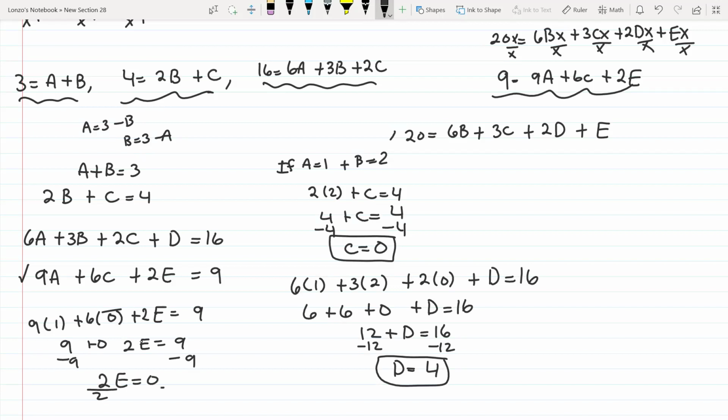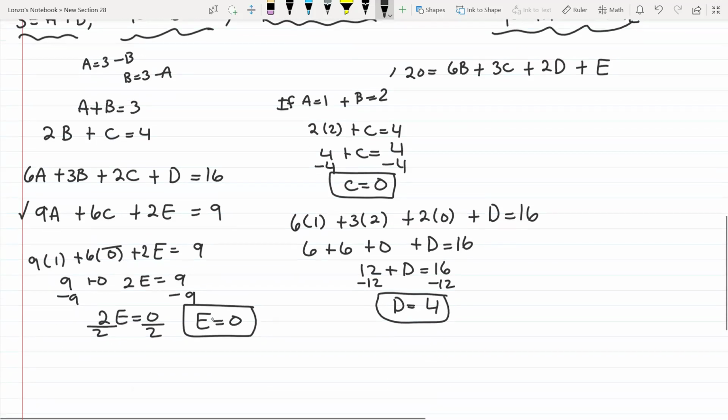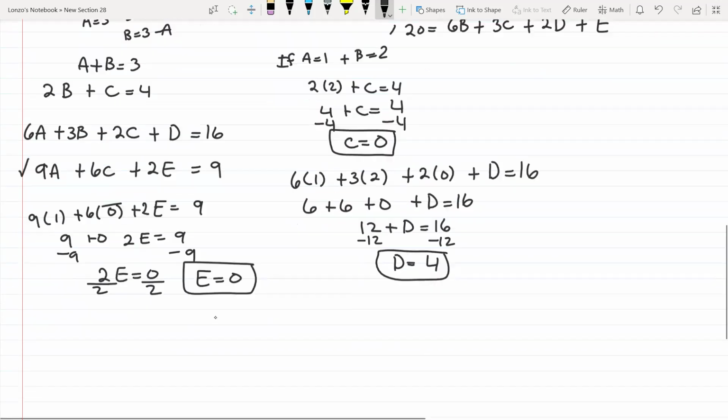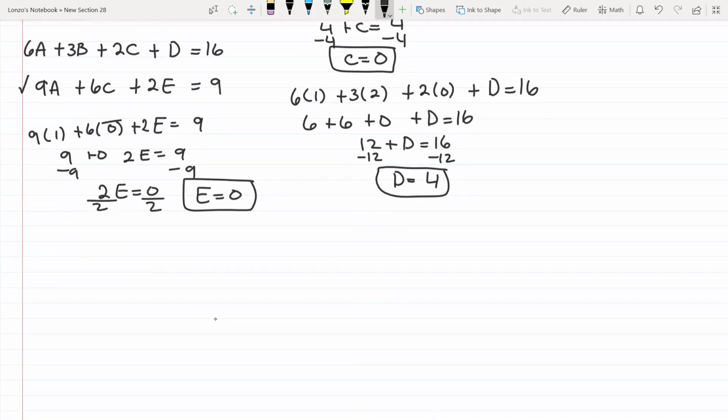Divide this by 2, e equals 0. Okay, and then now we have our a is 1, my b is 2, my c is 0, my e equals 0, my d equals 4.